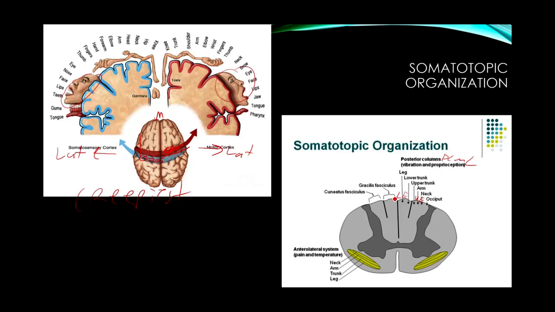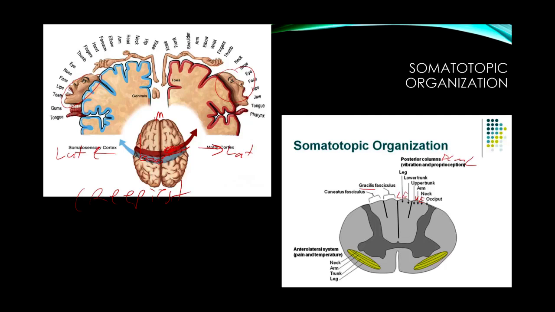Information from the lower extremity travels in the gracilis fasciculus, and the upper extremity information travels in the cuneatus fasciculus. And one way to remember that is gracilis is a muscle in your leg, and so then you know information from your legs travels in the gracilis fasciculus.